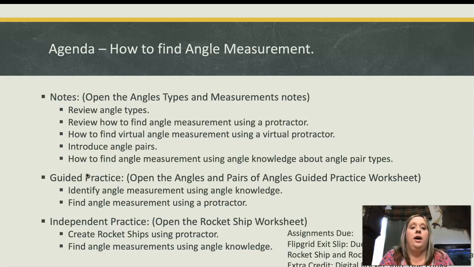We're going to also talk about how to find the measurements using a virtual protractor, and then we're going to talk about the new stuff, which is angle pairs, how to find angle measurement using this knowledge about angle pairs. Then we're going to do some practice together, and then we're going to talk about our independent practice where you'll actually be creating a rocket ship with a protractor and then finding angle measurements using the knowledge we learned about angle pairs. And then those will be due on Friday.